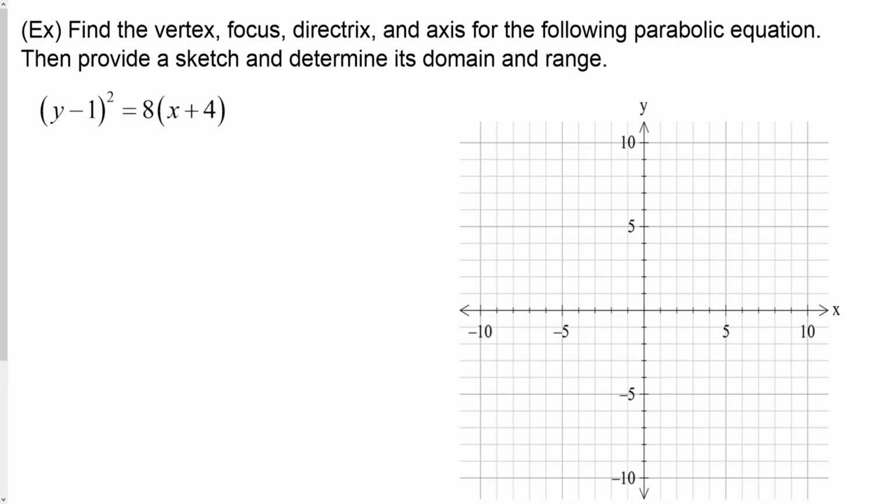Next example, same thing we want to find here. Vertex, focus, directrix, and axis. Just a different formula, that's all. So this one, the variable that is not squared is the x. And that means that my parabola is going to open left or right.